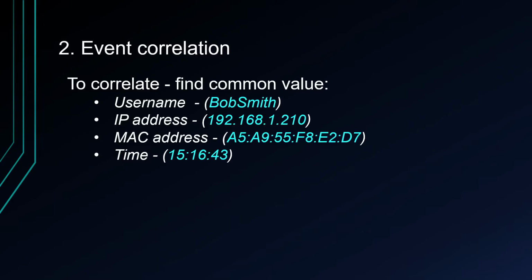So we'll correlate event logs based on time because one event happened right after the other. So the key is the value has to exist in all of the event logs that you wish to correlate. Let's take a look at some real-world examples.